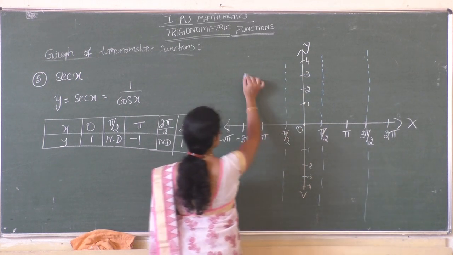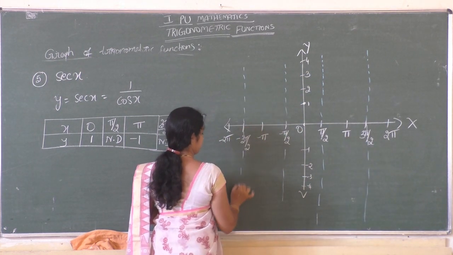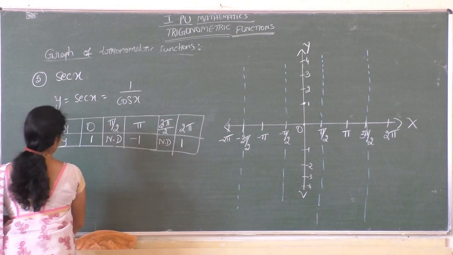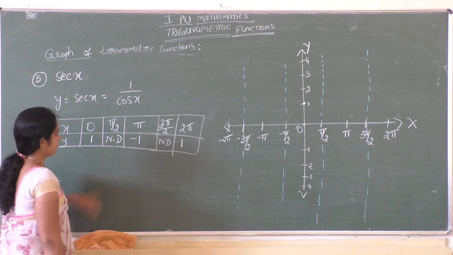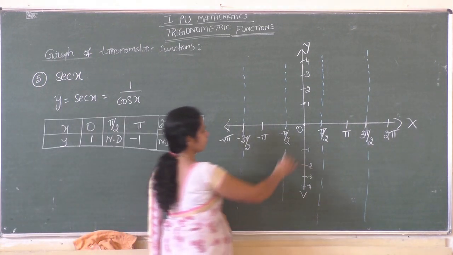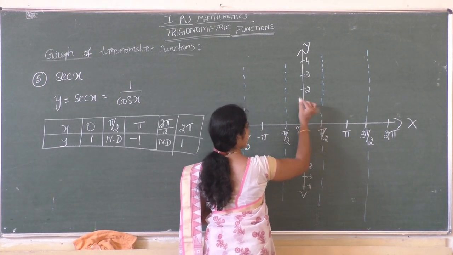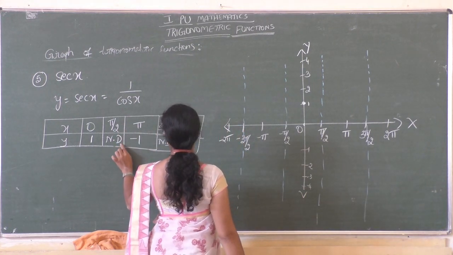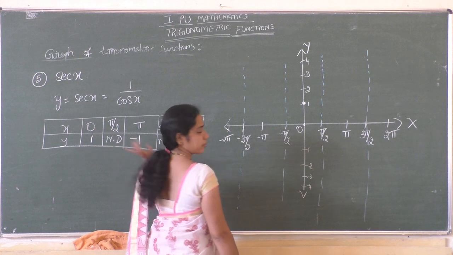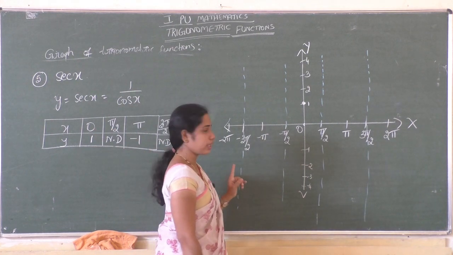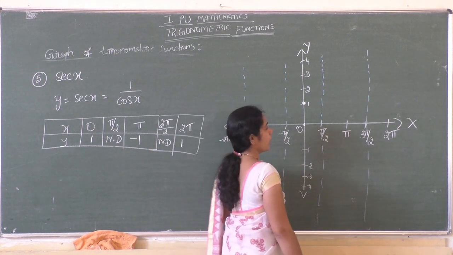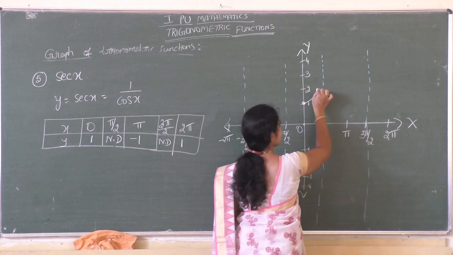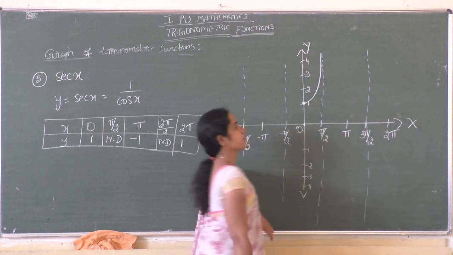Same value repeats on the negative side. Correct. Now for x equals 0, secant x is 1. Then for pi by 2 not defined. 0 to pi by 2 is the first quadrant. In the first quadrant, all are positive, so value increases up to infinity.